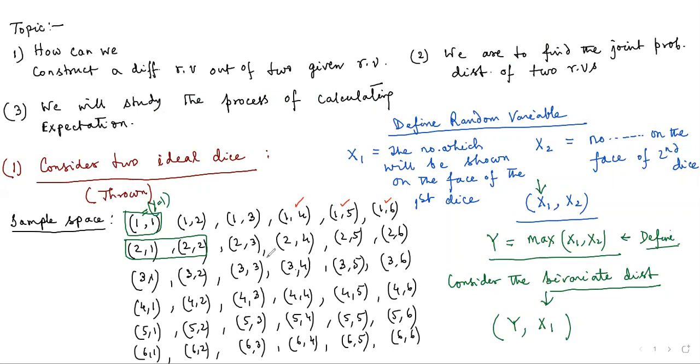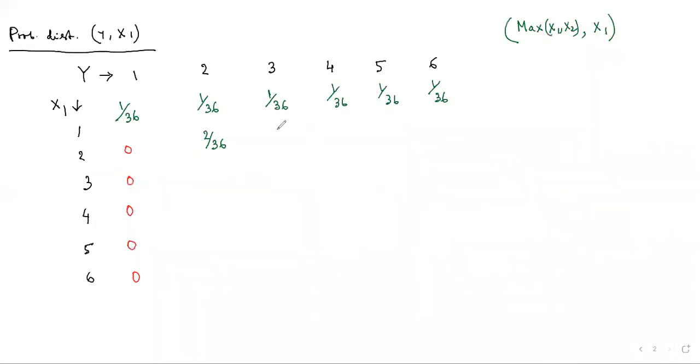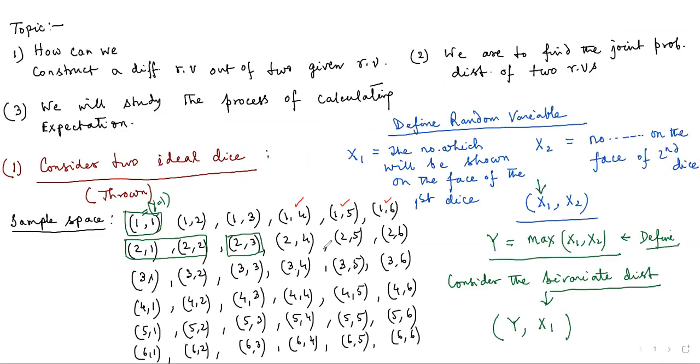And if I consider this one, the maximum is 3, but the first argument of random variable x1 is 2, that is also only one case, which is 1 by 36. So row wise, we are getting 1 by 36 here also, and here also. Just look at this. Only single possibilities are there in each of these cases.